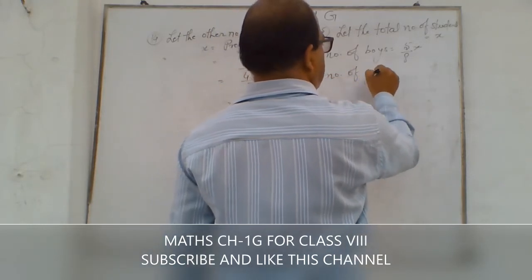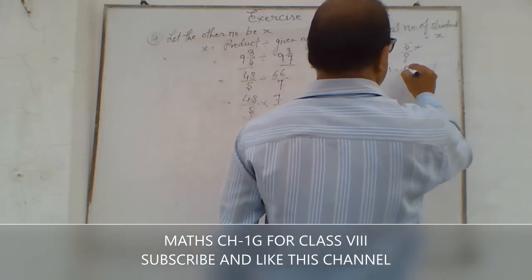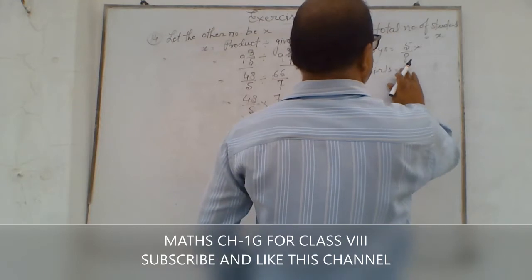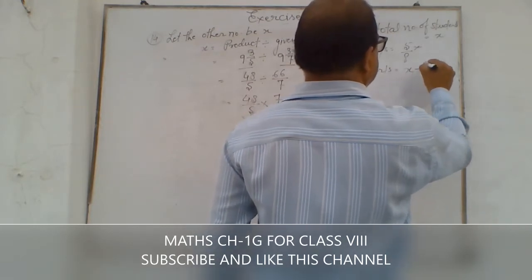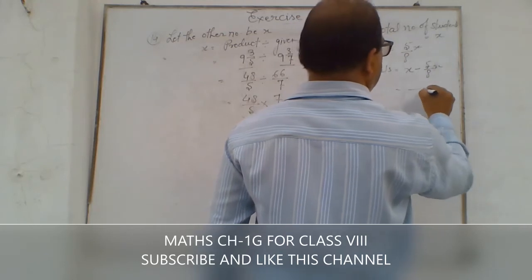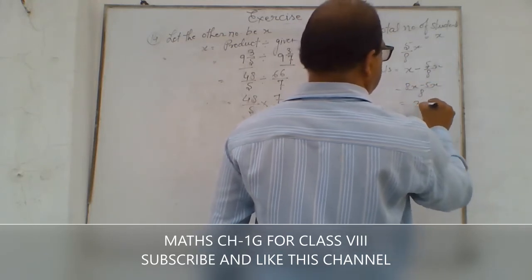Number of girls is equal to 3 by 8, so the number of girls is equal to x minus 5x by 8, which is 8x minus 5x, equal to 3x by 8.